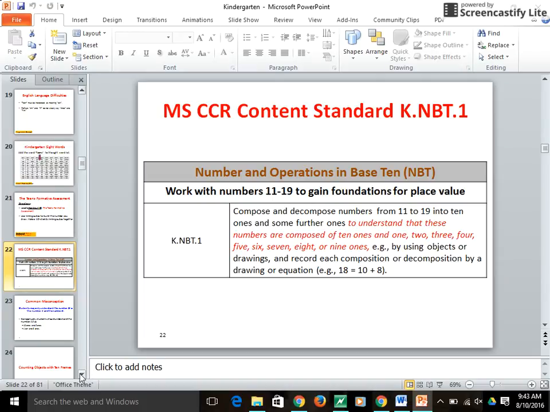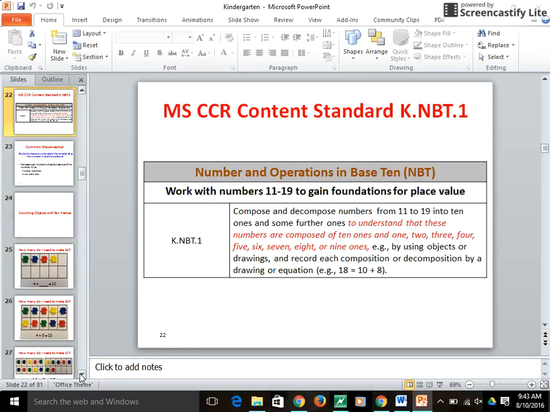So make sure they get that as the ground level, the foundation, before you try extending anything beyond that.